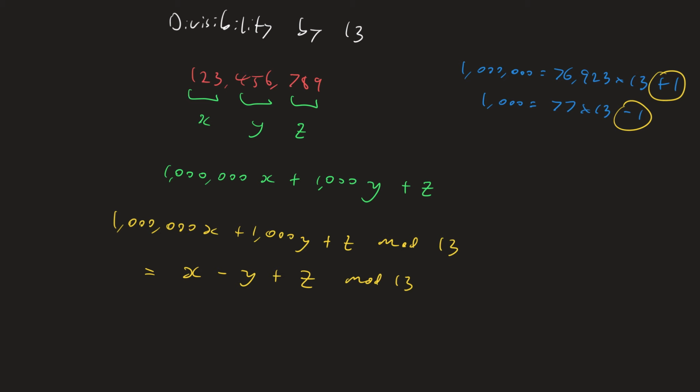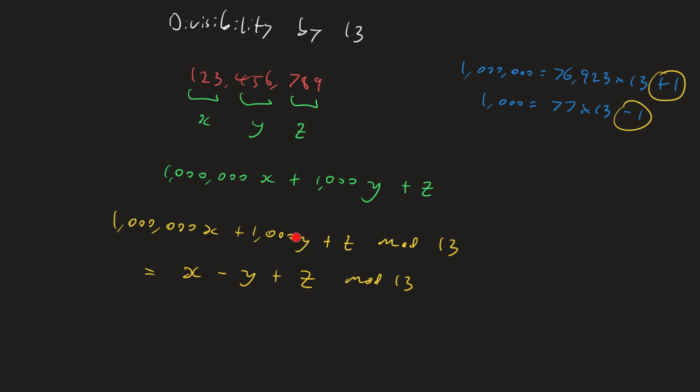1,000,000 is equal to 76,923 times 13 plus 1. So 1,000,000 modulo 13 is 1. 1,000 modulo 13 is 12, or equivalently negative 1. So we can write here negative 1 times y. And z has the coefficient of 1, so it just stays the same here.